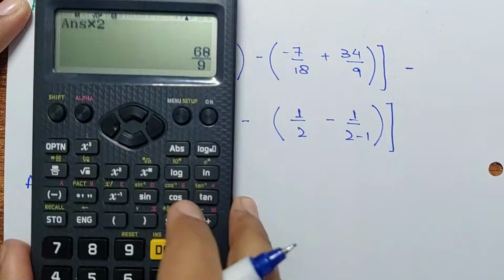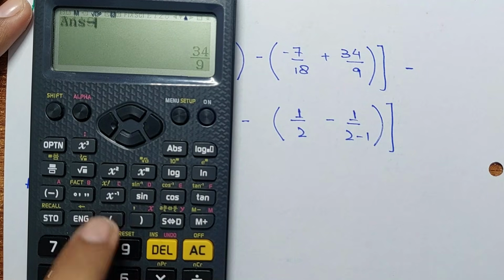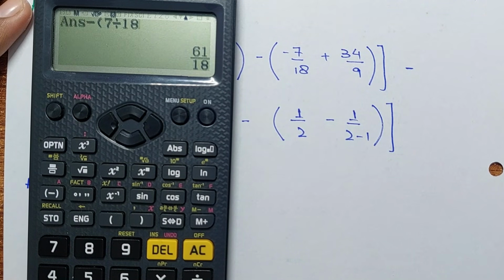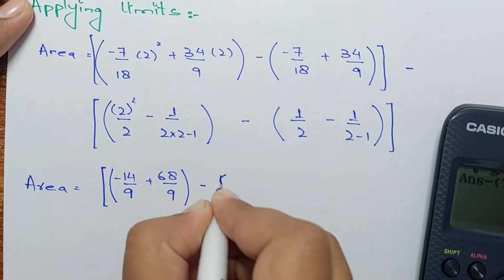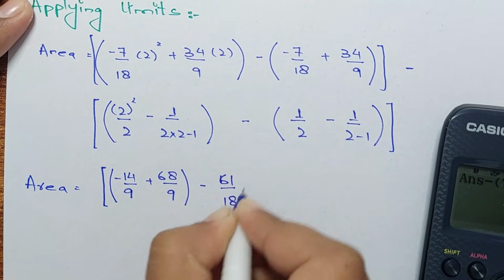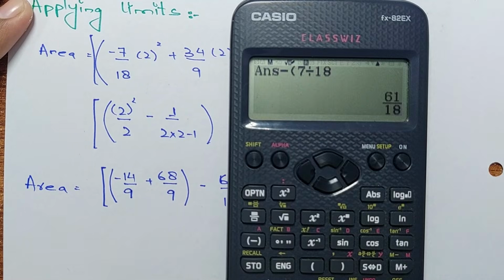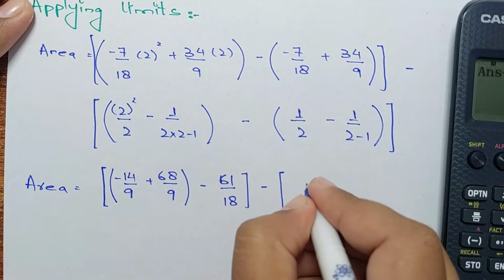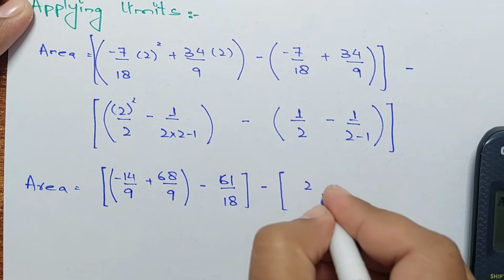Next thing, we can simplify 34 divided by 9 and then subtract 7 over 18, which gives negative 61 over 18, minus, simplify this, 2 square divided by 2 is just 2, and 2 times 2 minus 1, so 1 over 3, minus 1 by 3.